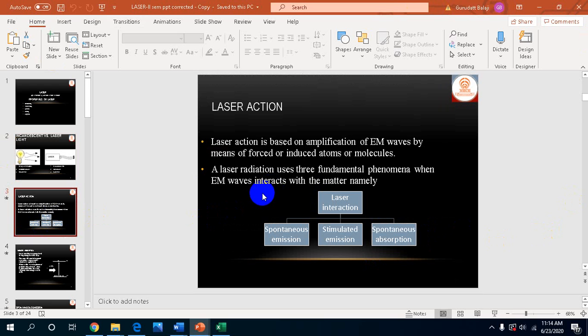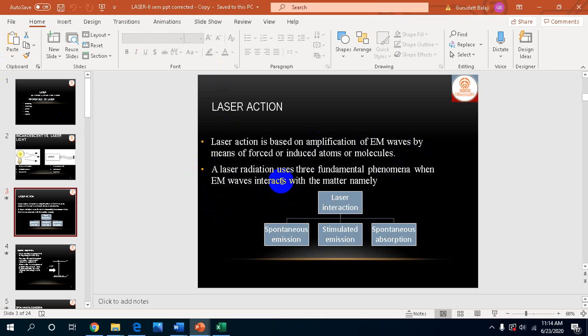The major property that plays a key role in the functioning of the laser is laser action. What is this laser action? It is based on the amplification of electromagnetic waves by means of forced or induced atoms or molecules.